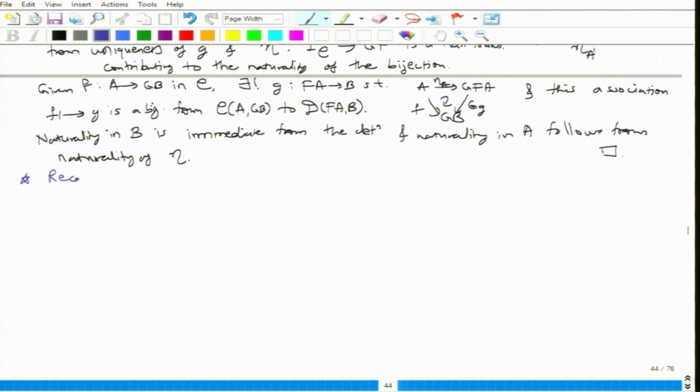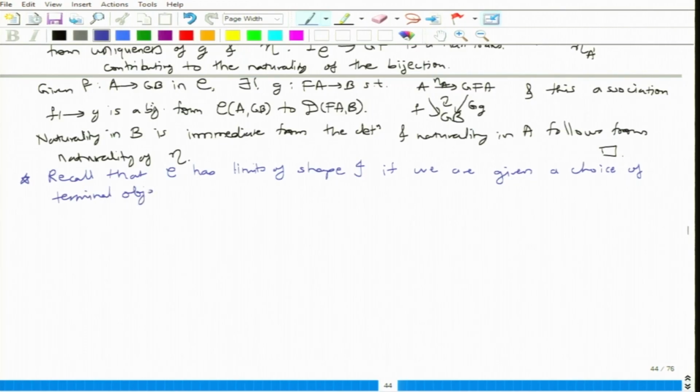So recall that C has limits of shape J if we are given a choice of terminal objects in the arrow category Delta arrow D for all D in C^J.